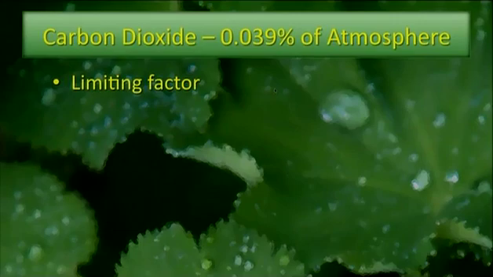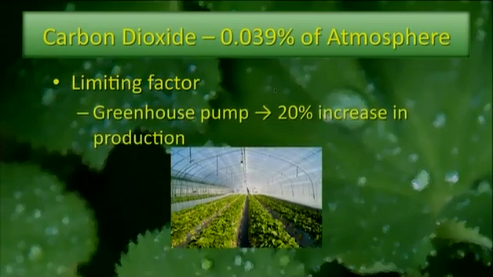But carbon dioxide is a limiting factor in photosynthesis, so greenhouses pump carbon dioxide into the greenhouse. That leads to a 20% increase in the growth of plants, in the commercial production of plants and plant products such as fruits, vegetables, or foliage plants.